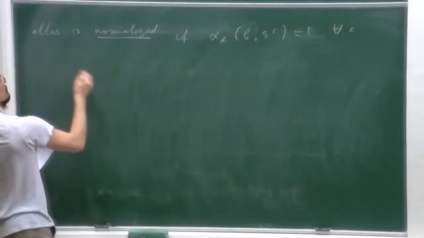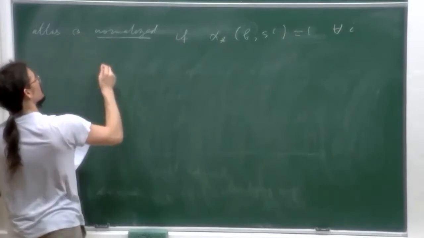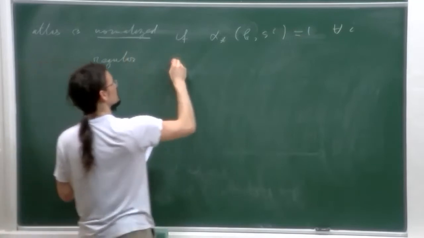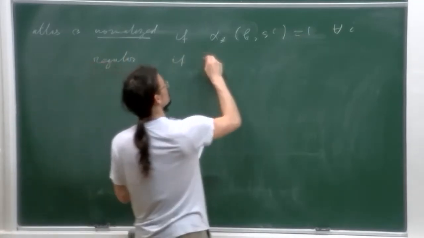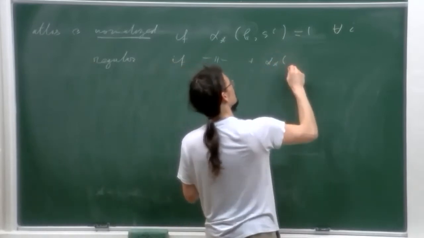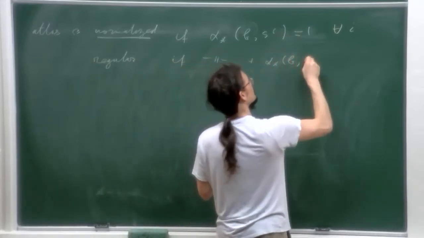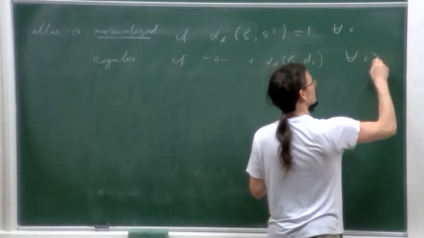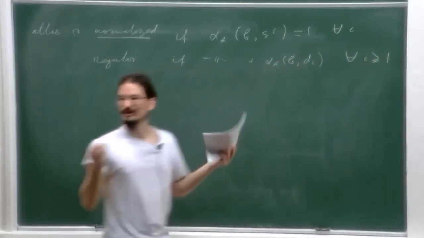And then we say that this atlas is regular if furthermore this transition map is trivial for all face maps but one.